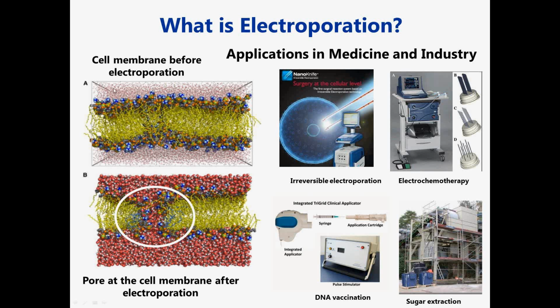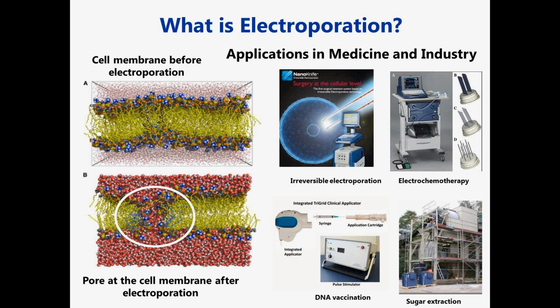What is exhibited in the pink color here are the water molecules. Once we apply pulse electric fields, the water molecules from both sides of the membrane create water bridges. We can see them in exhibit B. And these bridges actually form the pores, or aqueous pores.